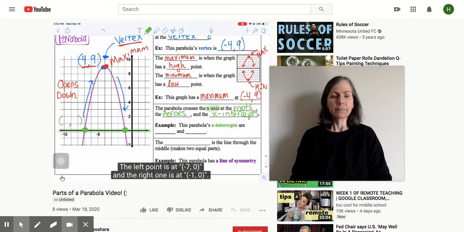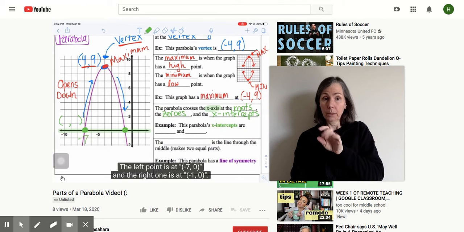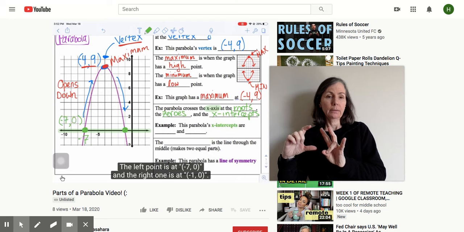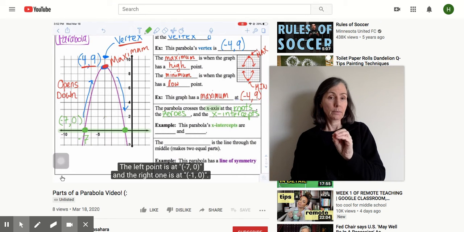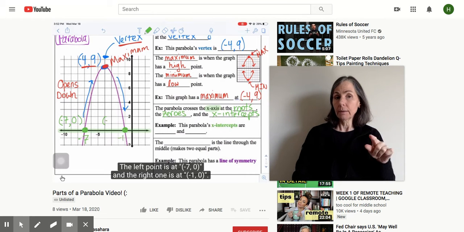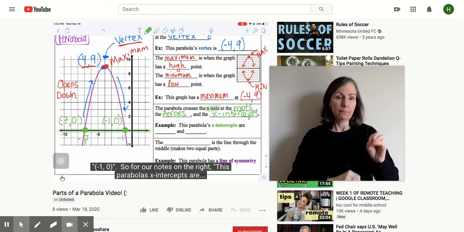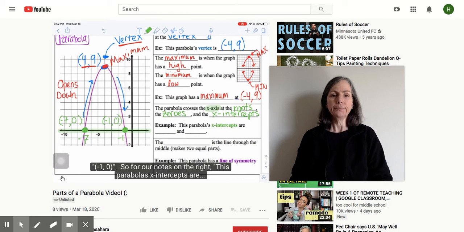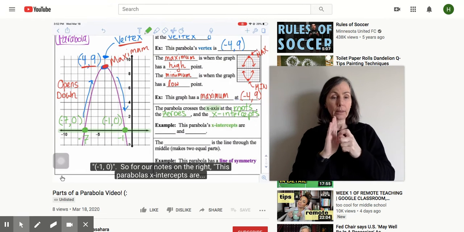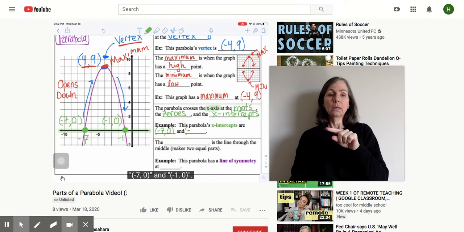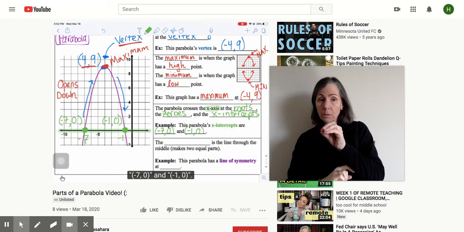The left point is at -7, 0. And the right one is at -1, 0. So for our notes on the right, this parabola's x-intercepts are -7, 0, and -1, 0.